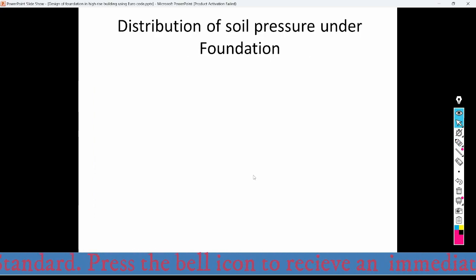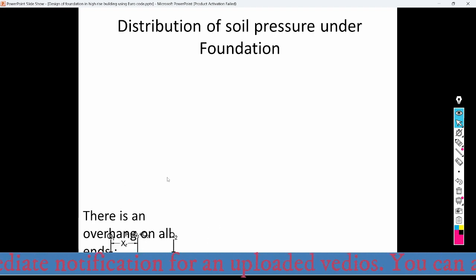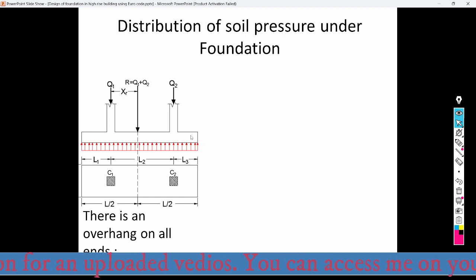And here there is also a distribution of soil pressure under foundation. Suppose there is an overhang on all ends of the combined footing here. This may be a combined footing or a mat foundation. We may provide an overhang here on the left, we may use an overhang here, or we may use an overhang here.